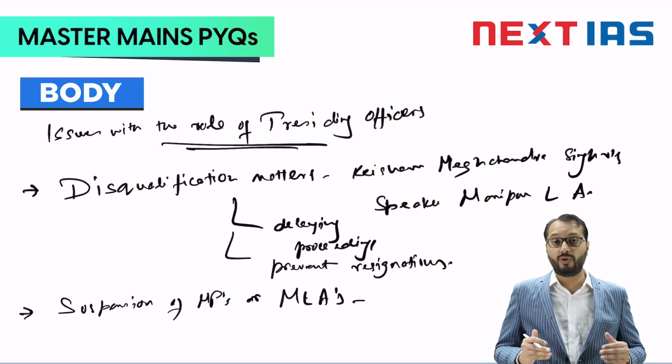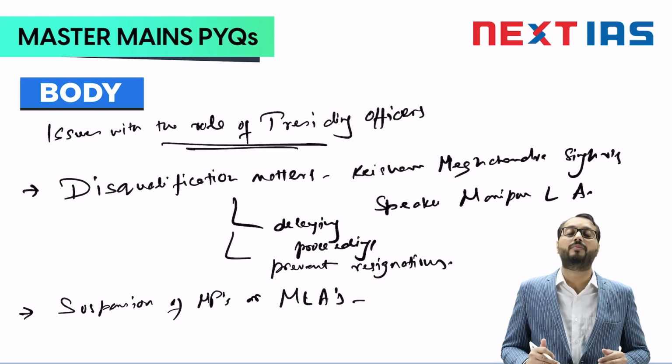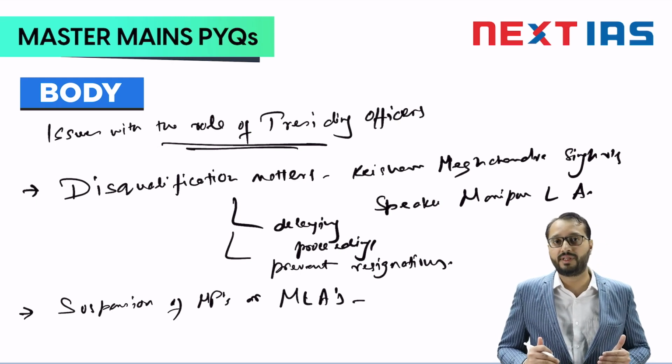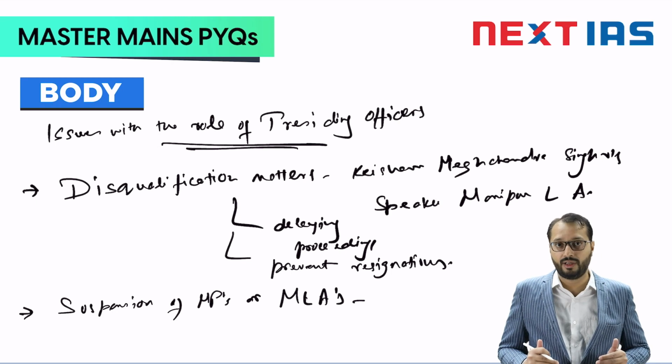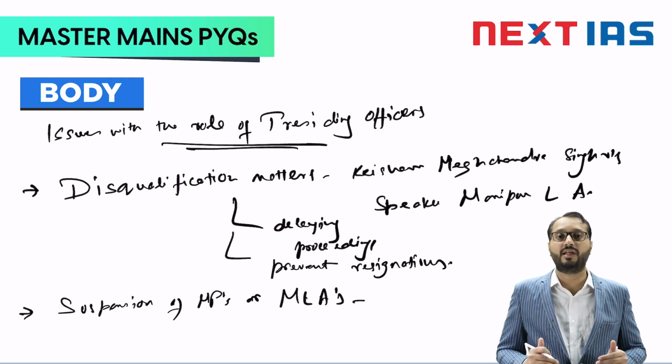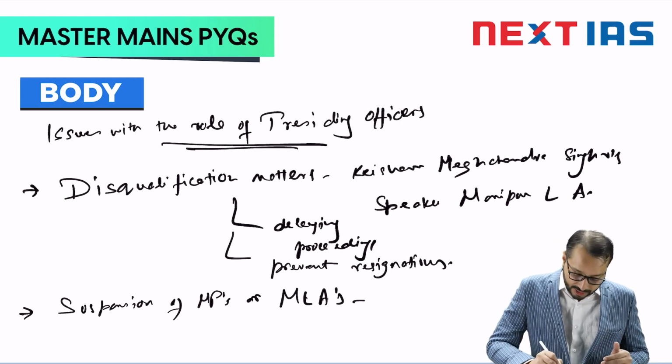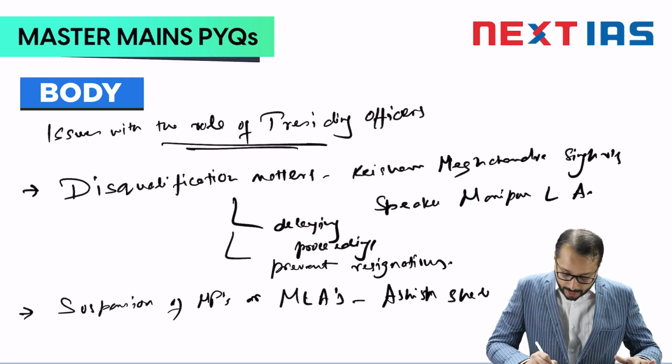Now, if you look at the recent data, there has been an increased surge in the presiding officers suspending the MPs and MLAs at both the union and state level, and this has been phenomenal after the 16th Lok Sabha, right? And even in the states, there have been important cases like Ashish Shelar versus the Maharashtra Legislative Assembly, right?